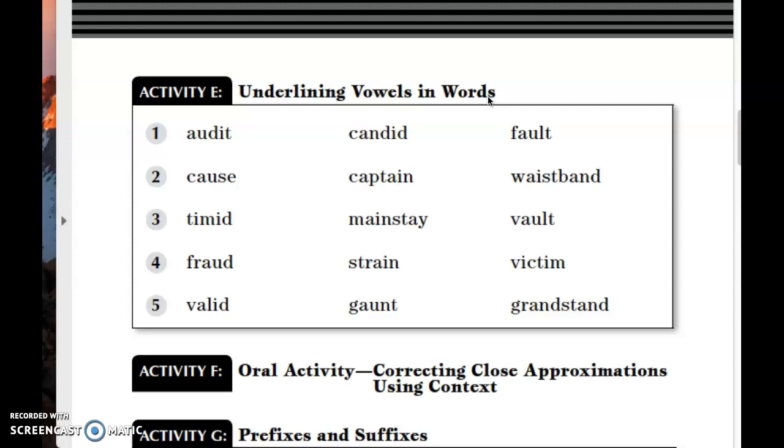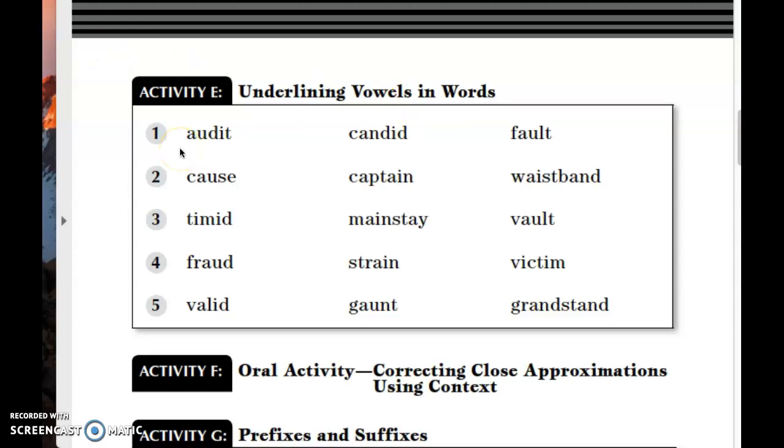A, E, I, O, U. Listen, each word part has one vowel. What does each word part have? One vowel. Finding the vowels in words helps us read the words.